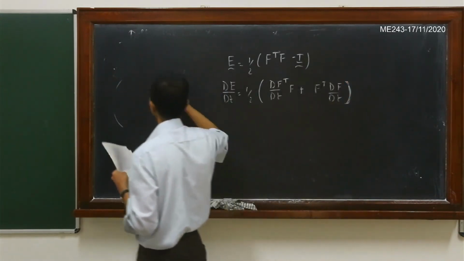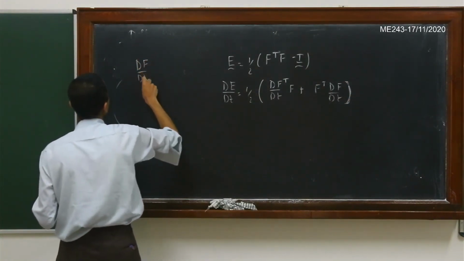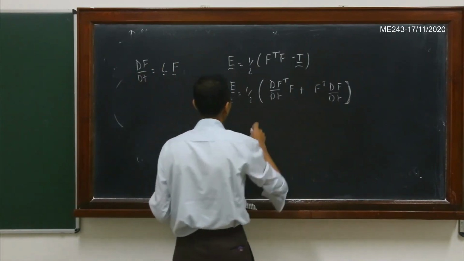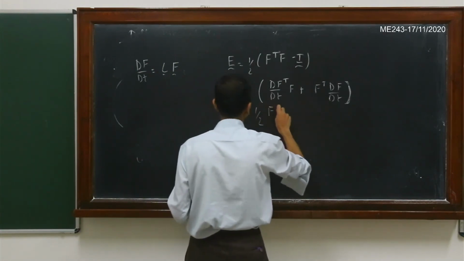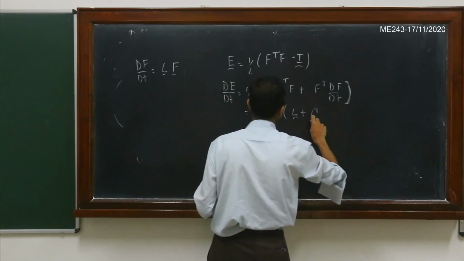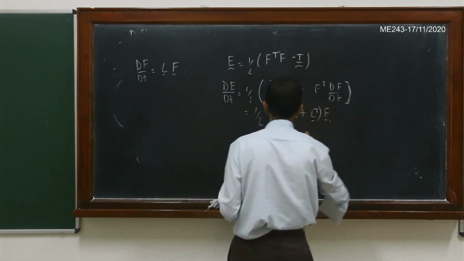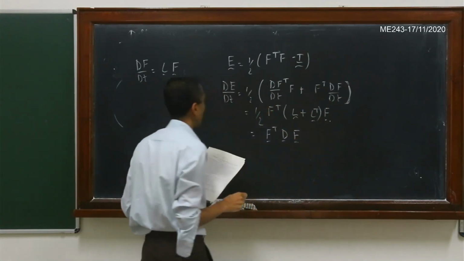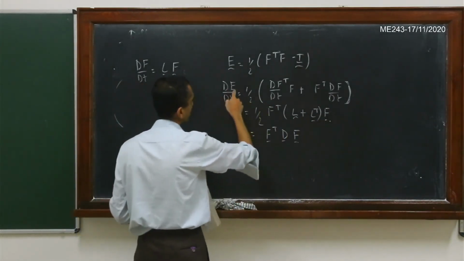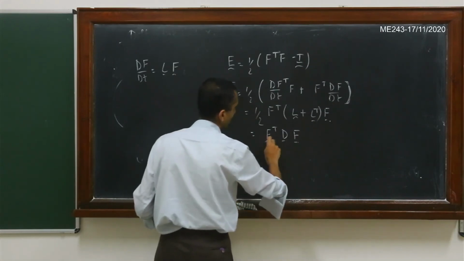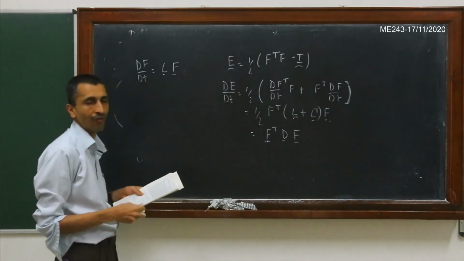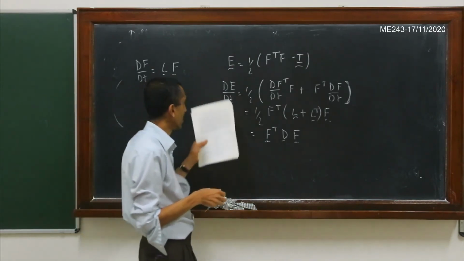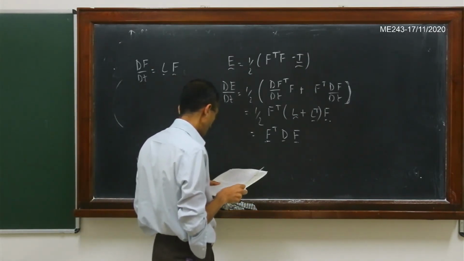And we have already seen that dF by dt is equal to L times F. And so if you substitute that in this expression, you will get half of F transpose times L plus L transpose times F. And so this is equal to F transpose times D times F. So you can see that this D is not equal to dE by dt, because these additional factors F transpose and F are sitting on either side of D, so it is not equal to the rate of this Lagrangian measure of strain.